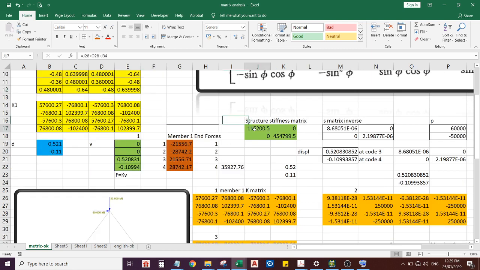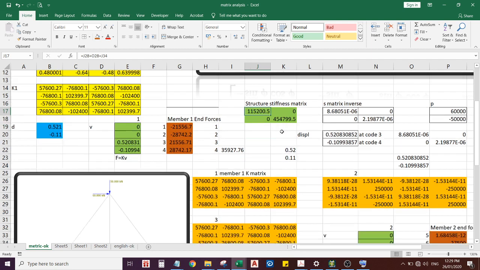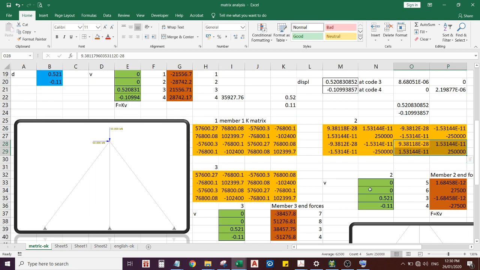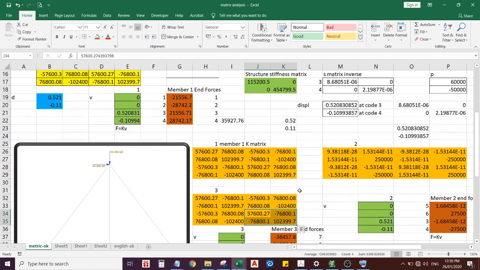Okay, so once I have established the structure stiffness matrix, by what formula? As you may recall in our lecture, the code number for this one is 3, 4, right? Therefore, that means every 3, 4 in this K will be required to establish our structure stiffness matrix. For example, here, the code for member 1 is 1, 2, 3, 4.